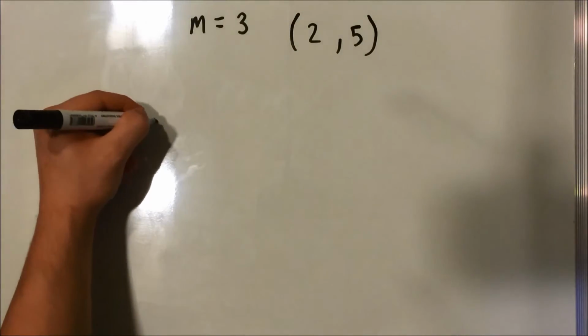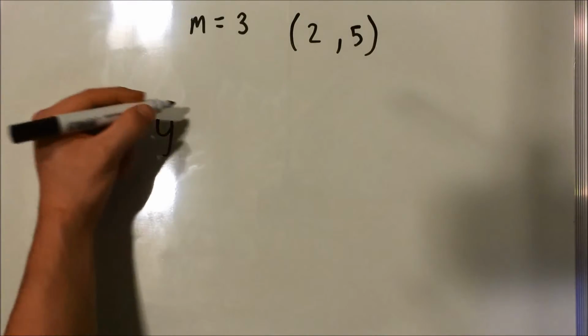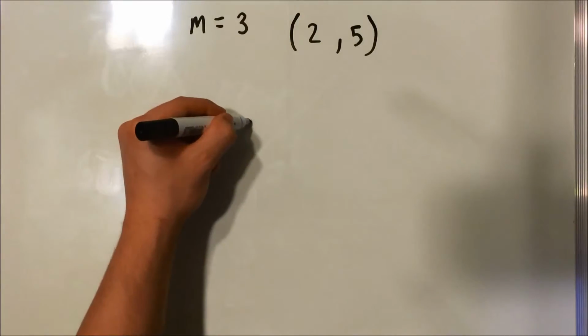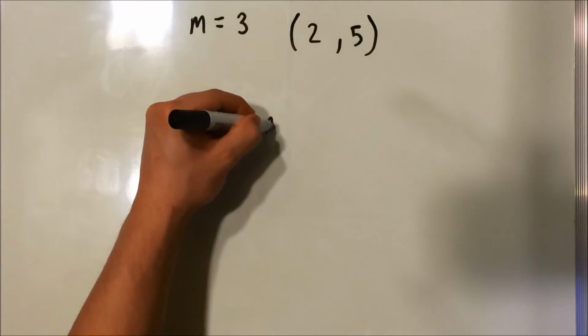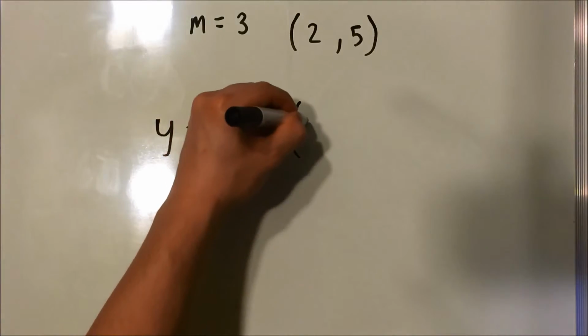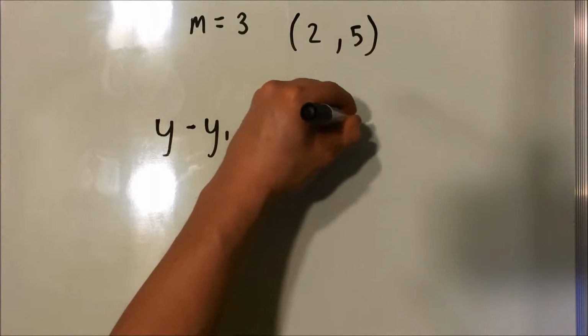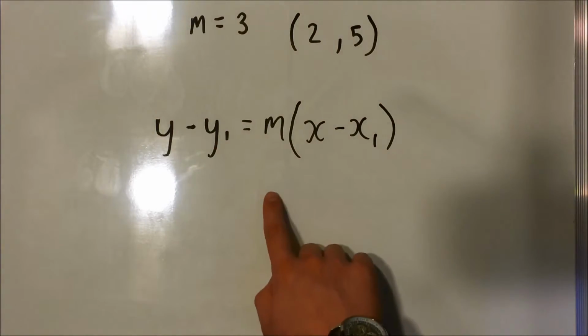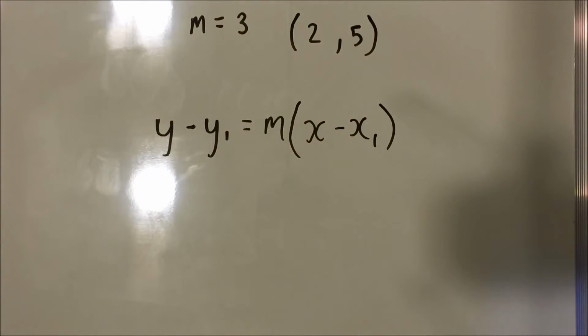So, a different way of writing it, you have y minus y1 equals m bracket x minus x1. This is a very important equation for you to remember.